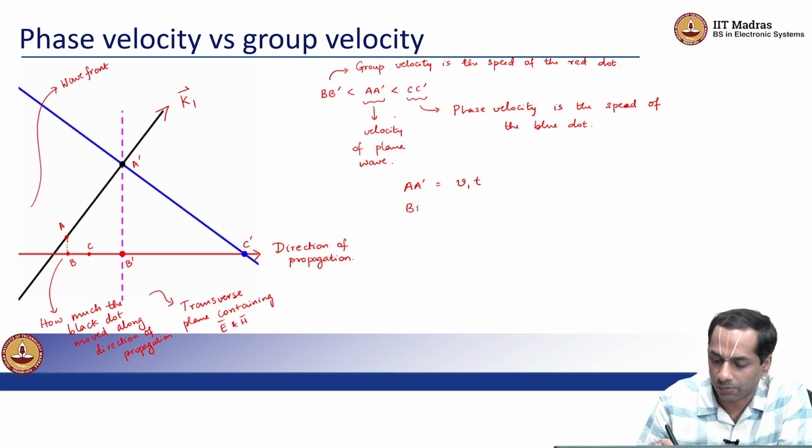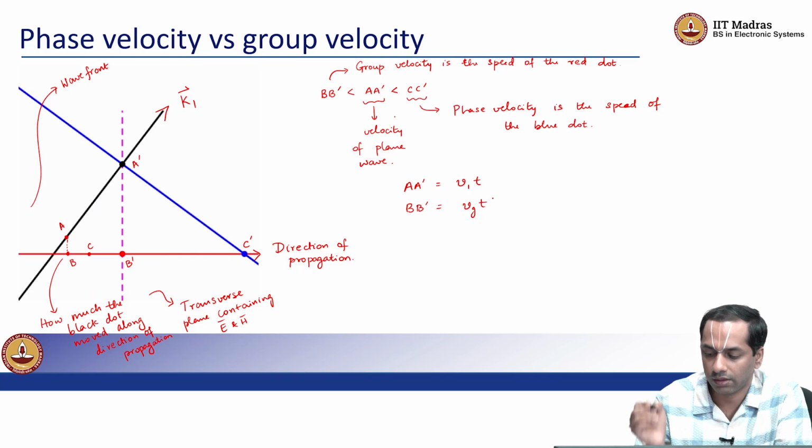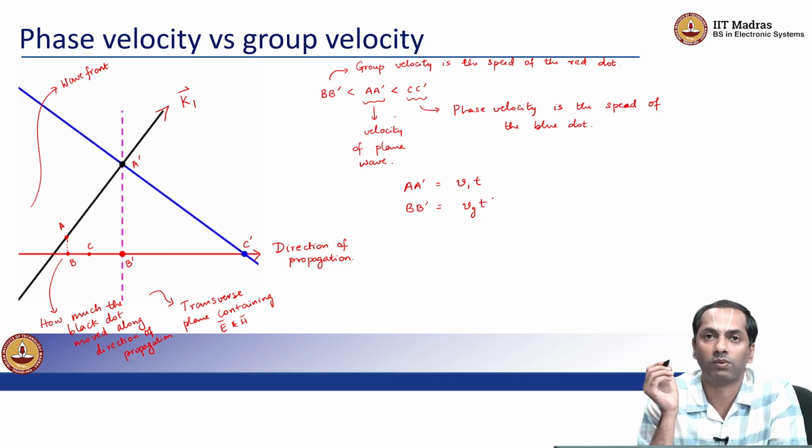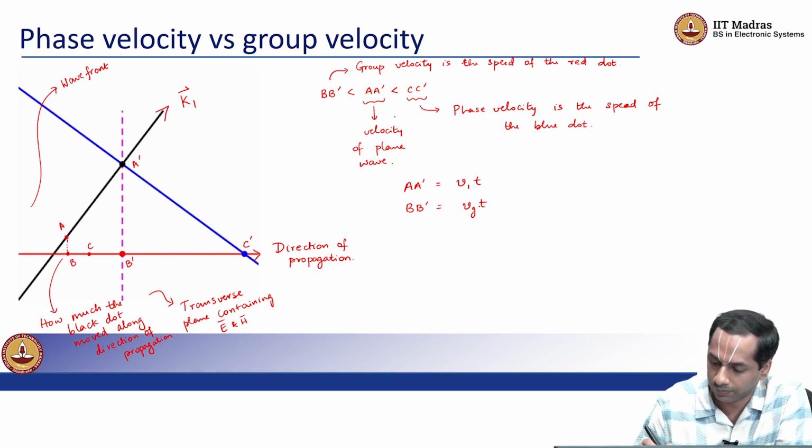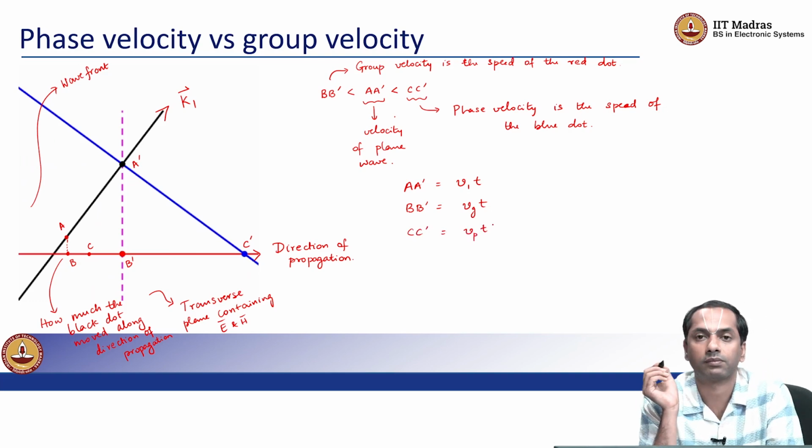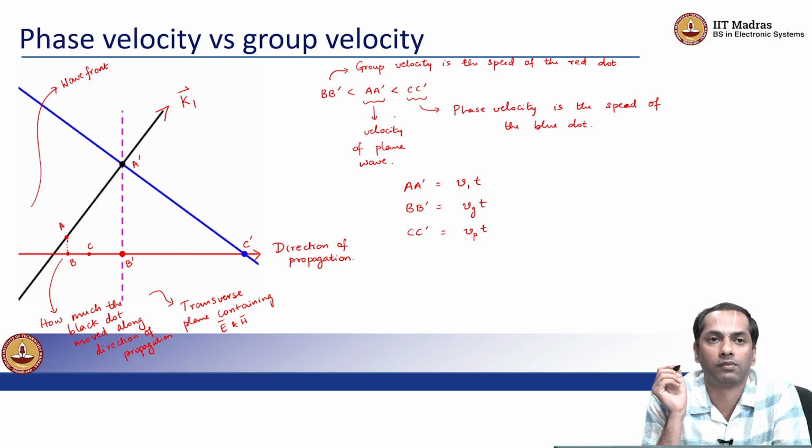We are going to say that BB prime is something called Vg, standing for group velocity, and CC prime we are going to say is the phase velocity.